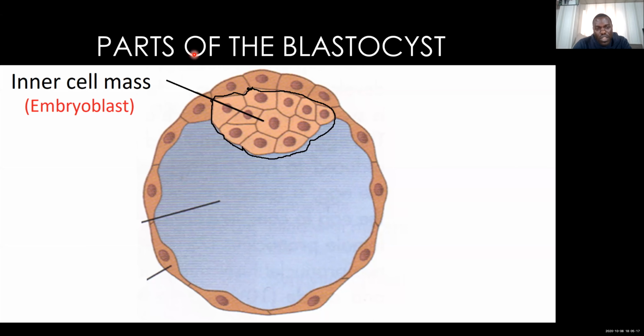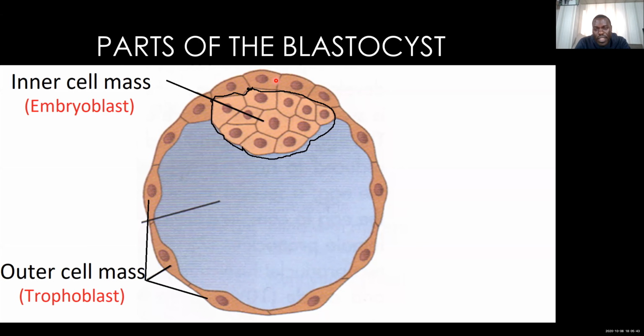The population of cells of the blastomere, which are on the outer side, you want to call them the outer cell mass. This outer cell mass represents the population of cells that will form the placenta. So we call it the trophoblast.